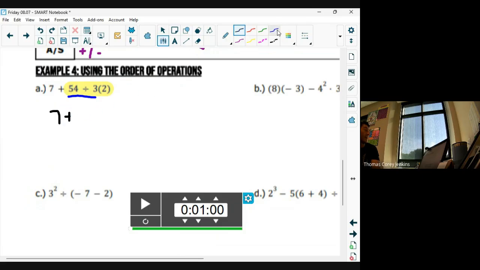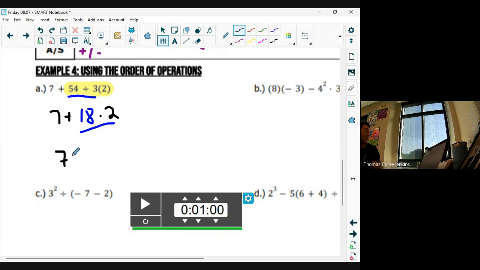Anybody have a number for me? 18. Very good. That's 18, and then we have the times 2. Now, you'll notice the times 2 was in parentheses. That's not the kind of parentheses you do first, okay? The parentheses you do first is when we can simplify something in the parentheses. Now we can go ahead and multiply. What's 18 times 2? 36.